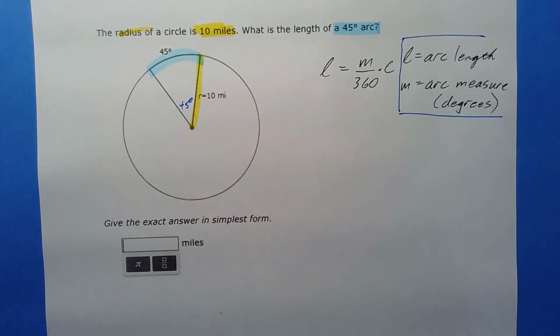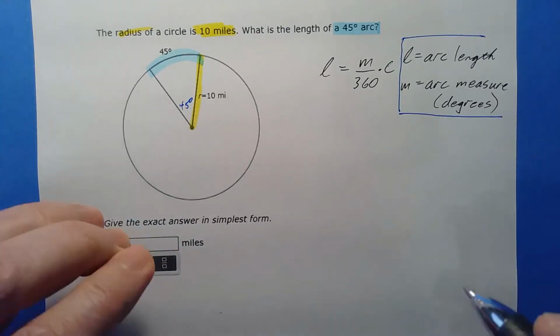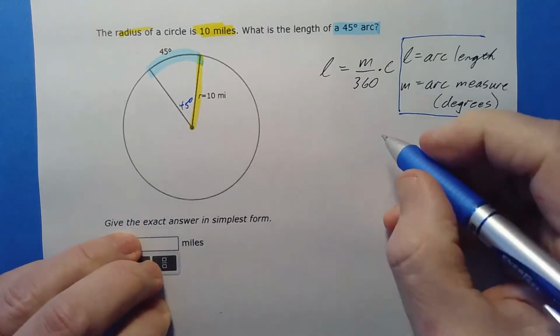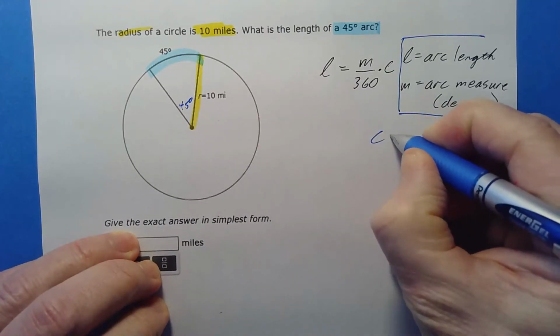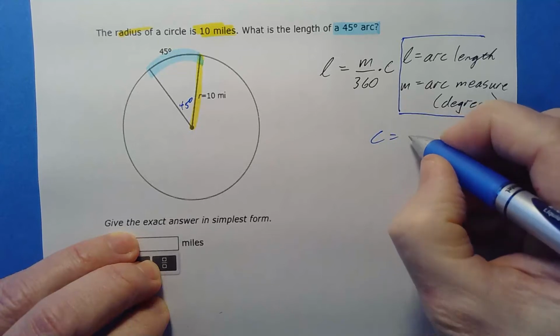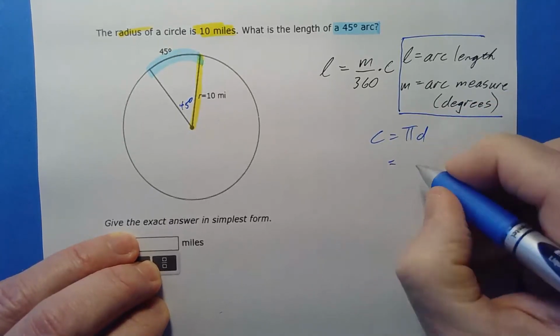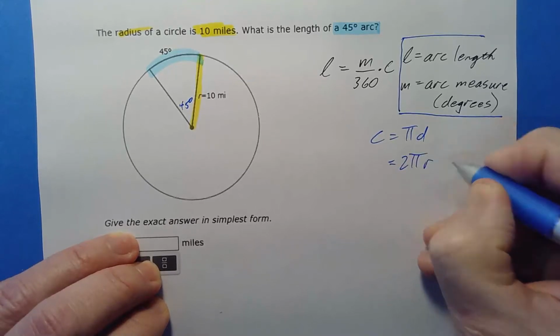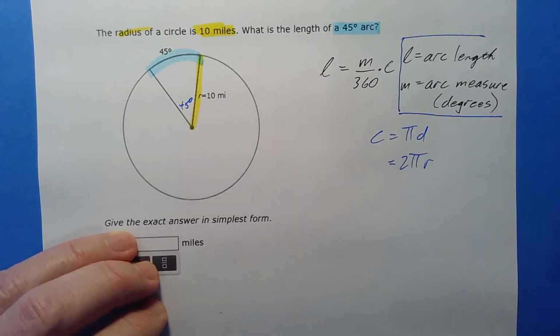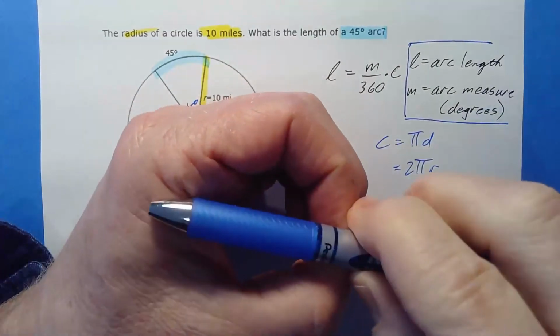If our circumference, we've got a couple ways we can say it. C, circumference, you can either think of it in terms of the diameter, pi times the diameter, or 2 pi r. Now, if you ever forget that formula, here's a quick way to remember. Here's a circle, here's a diameter.